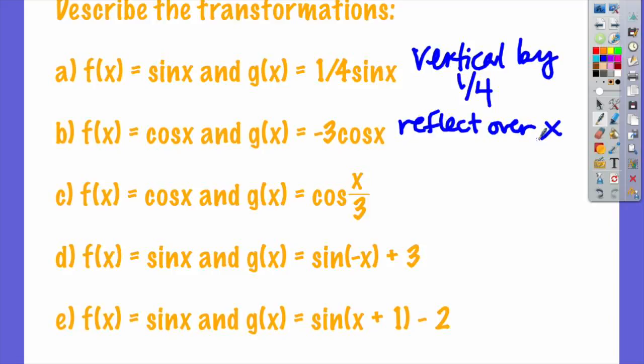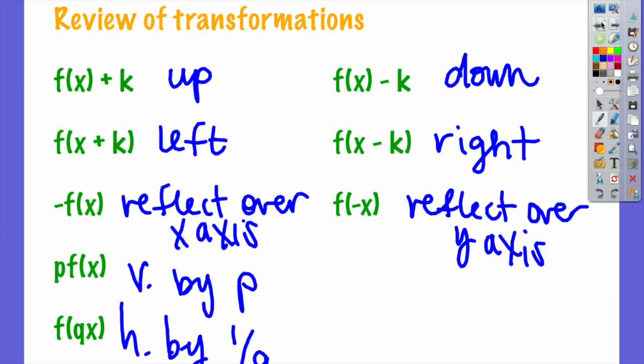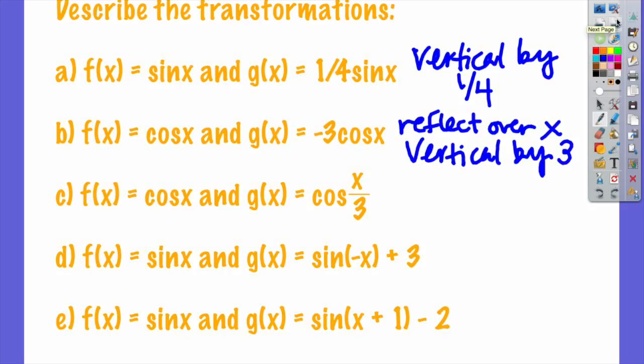The only way to do this is go over your x. But this 3 does something as well. It's a vertical stretch by a factor of 3. So remember, if it's on the outside, it's reflected over your x-axis. If there's a number in front, it's a vertical stretch by that number, or shrink.